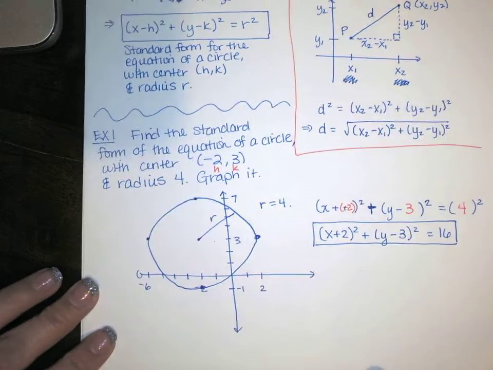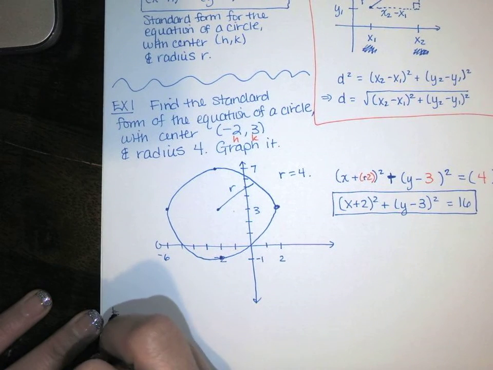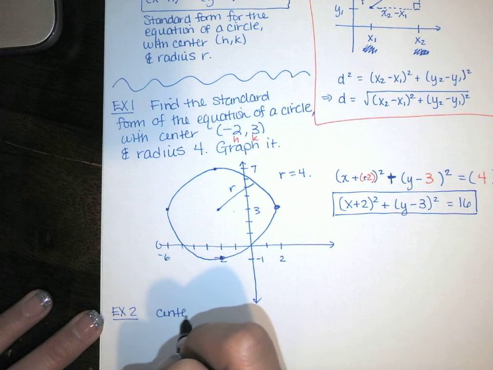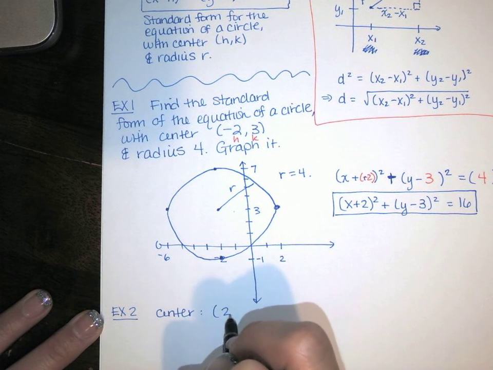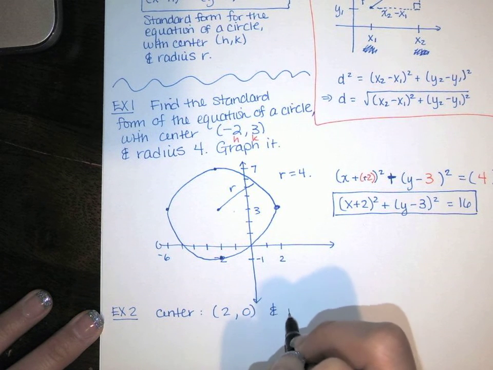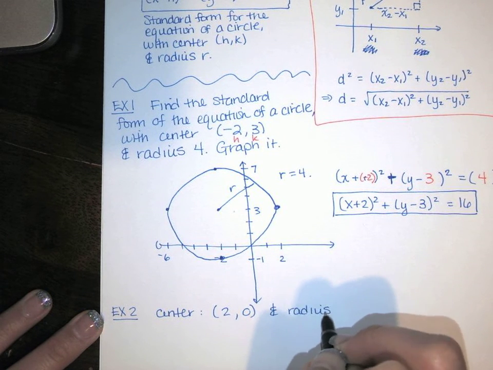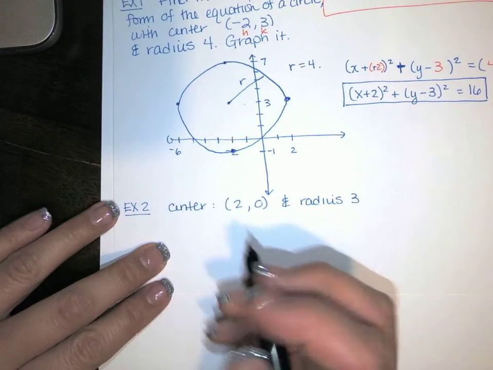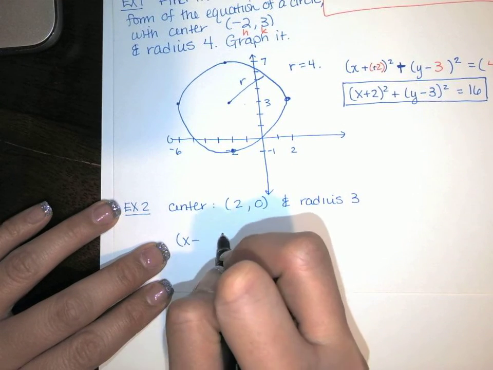So it's that easy. Now let's say I wanted the equation of a circle with center 2, 0 and radius 3. It's going to be exactly the same. Write down your standard form.